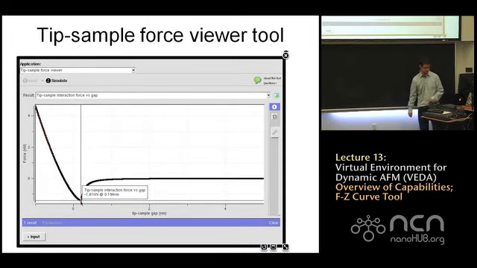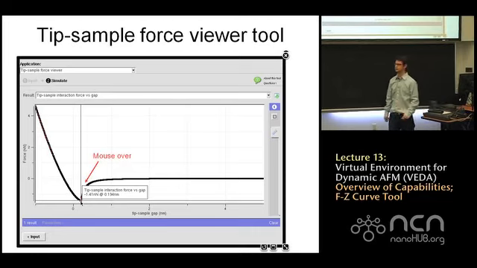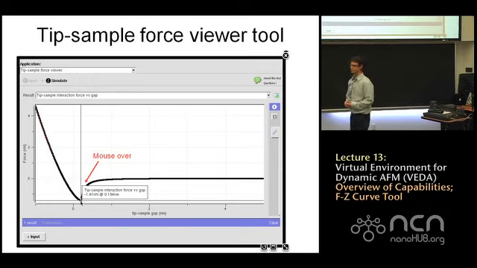And if you take your mouse, you can actually mouse over the curve and it'll give you specific values for your interaction model. For instance, I'm going to the minimum interaction force, which we call the adhesion force, and it tells me that that's minus 1.4 nanonewtons, which is good because that was our input on the other page, so everything is okay.